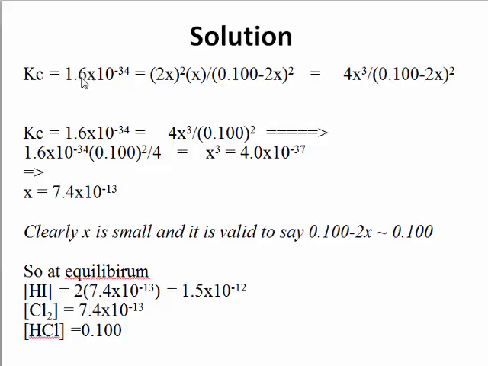Kc then, 1.6 times 10 to the negative 34, is (2x) squared times x over (0.1 minus 2x) squared, which equals 4x cubed over (0.1 minus 2x) squared. However, if we neglect the 2x in the denominator, this expression reduces to 1.6 times 10 to the negative 34 equals 4x cubed over 0.1 squared.